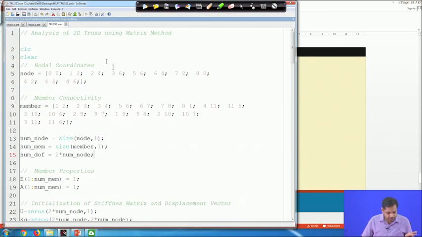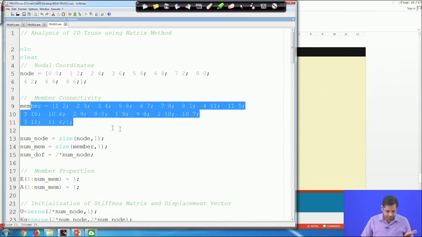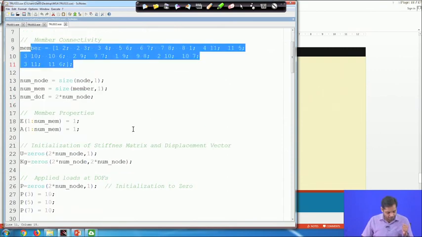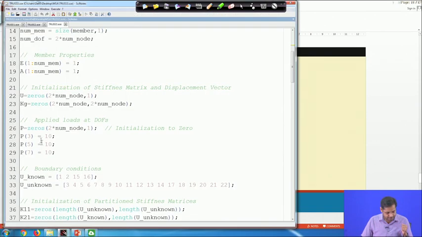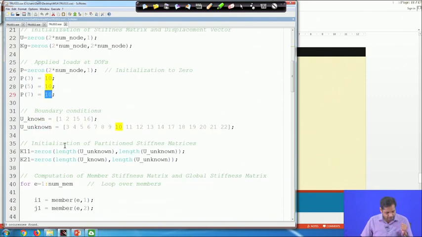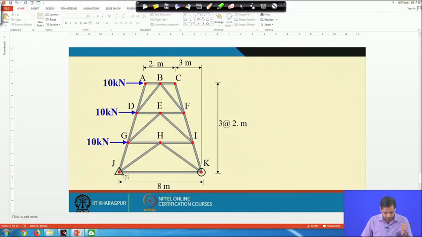These are the different nodes and the corresponding member connectivity, and then we have the degrees of freedom 3, 5 and 7 here, and 3, 5 and 7 here. We have these forces, and then these are the known displacements and these are the unknown displacements. Known displacements are only this and this, meaning 4 known displacements.